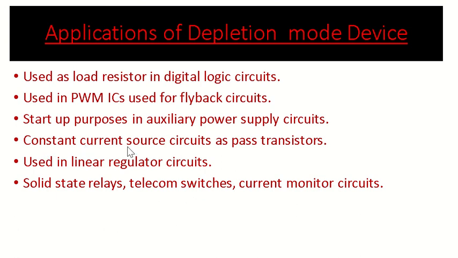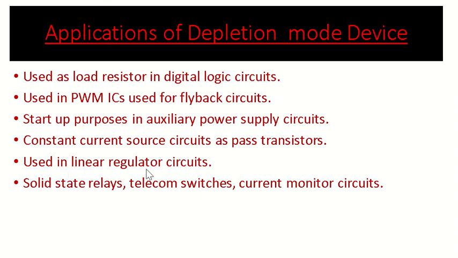Okay, so constant current source circuits as pass transistors. This is obvious, because for a constant current source there won't be any leakage. I have already told you, there won't be any leakage current or diffusion current. Once the current is not leaking, or there is no diffusion current available, then definitely we will get a constant current source as a pass transistor. In this way, this application can be made use of.